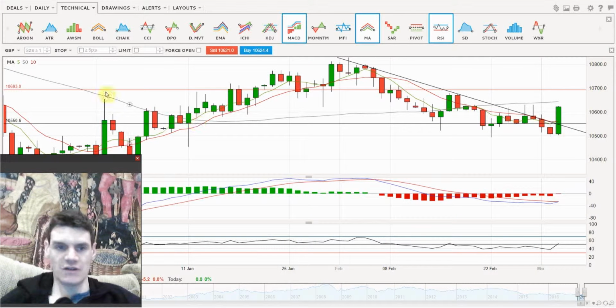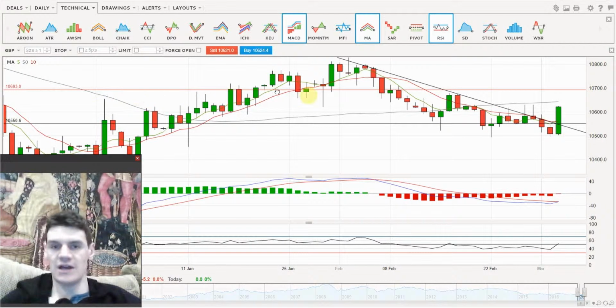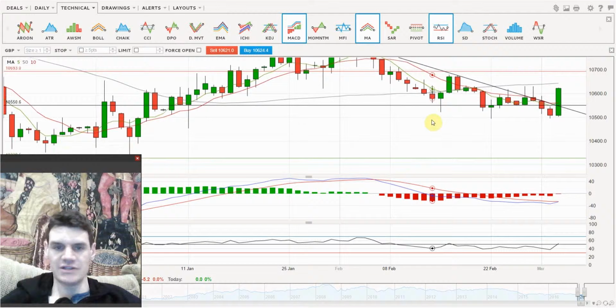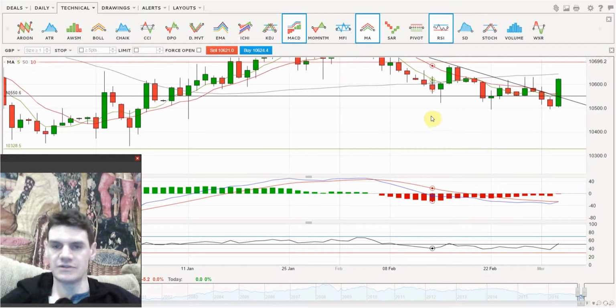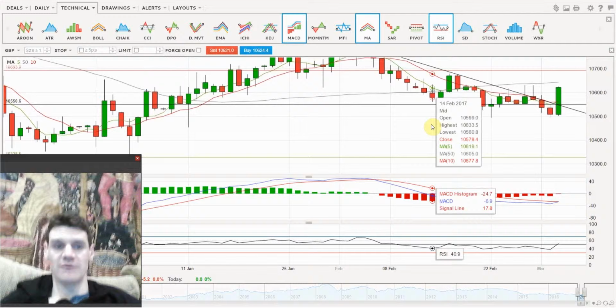Before I do that, I just want to show you where my stop loss is. So my stop loss is about 10,690 at the moment, so about 150 pips away. Then my target area is this green line just here, which is 10,328, 10,330, give or take, which is about 200 pips away from my entry level.